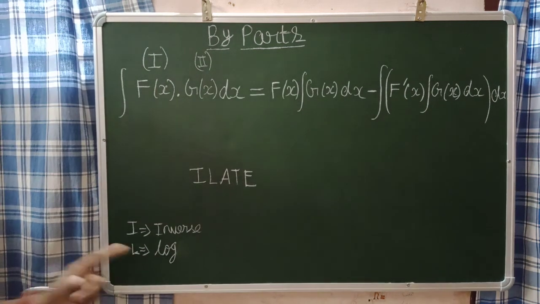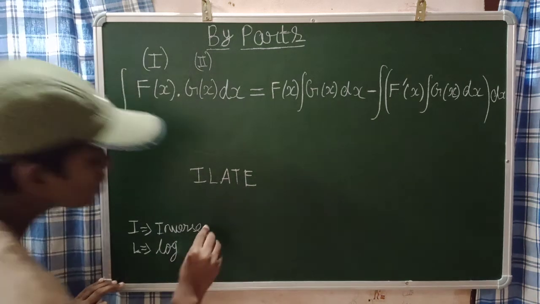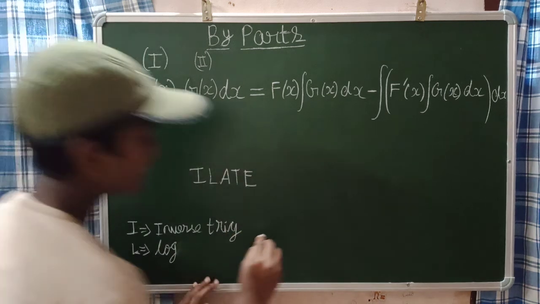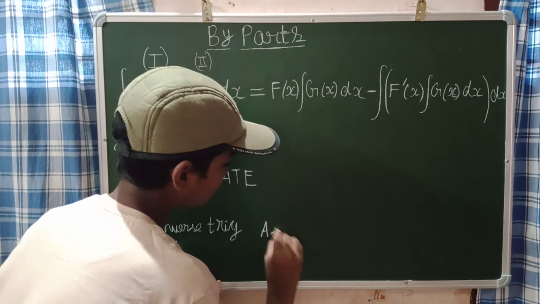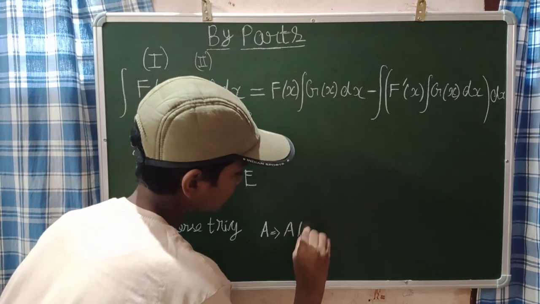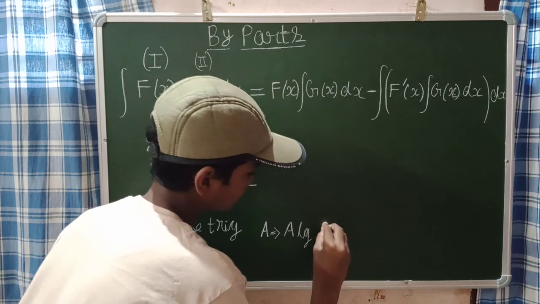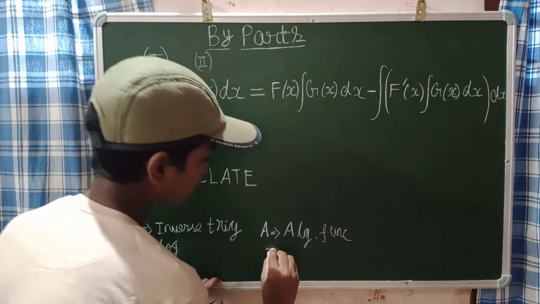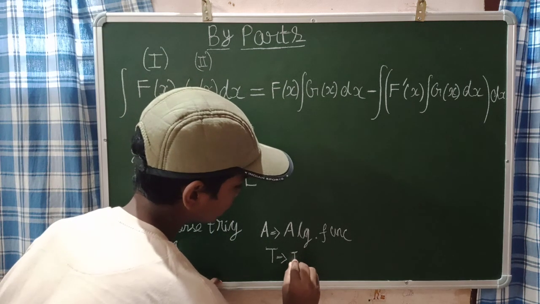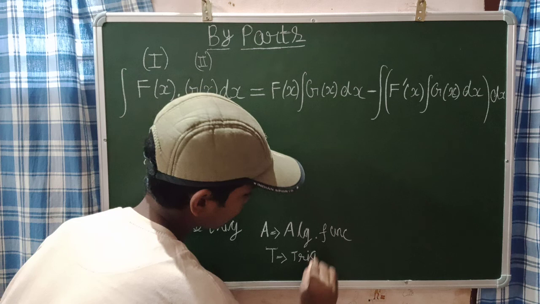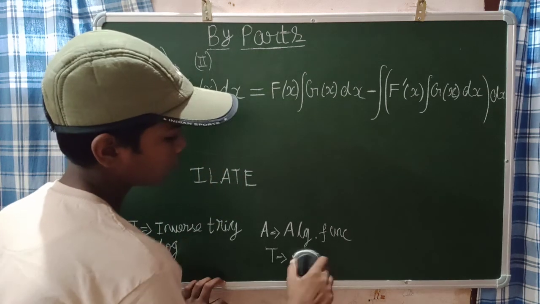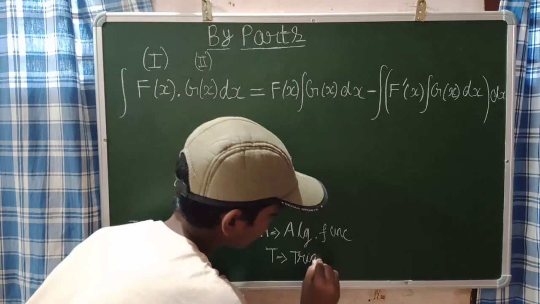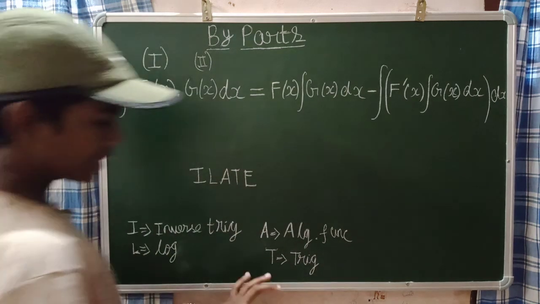And A will be nothing but your algebraic functions. Then I will write it as functions here. And T is nothing but your trigonometric functions. I think I wrote it wrong. Trigonometric. Guys, I am just writing in a short form, okay? You guys know the spelling, right?